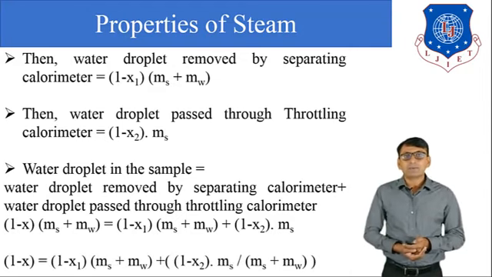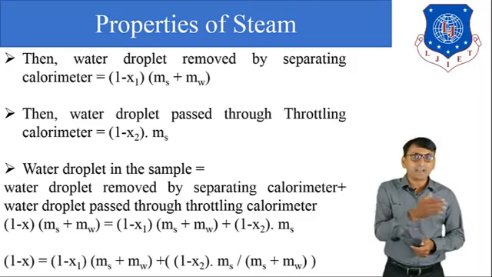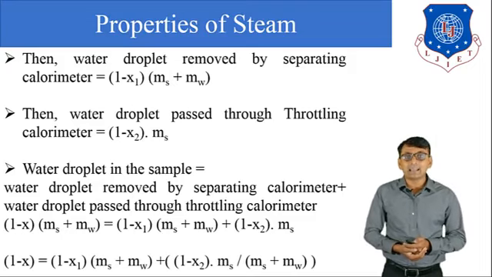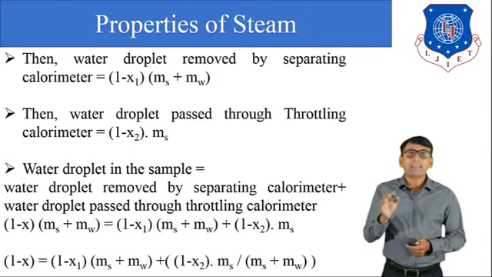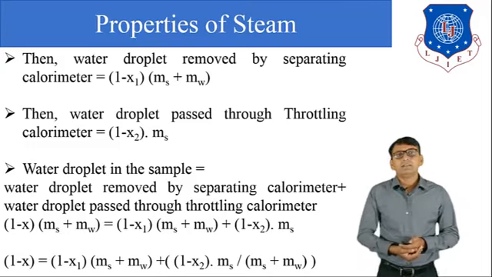Now (ms plus mw) is transferred to the denominator, so 1 minus x is equal to (1 minus x1)(ms plus mw) plus (1 minus x2) ms, all divided by (ms plus mw).